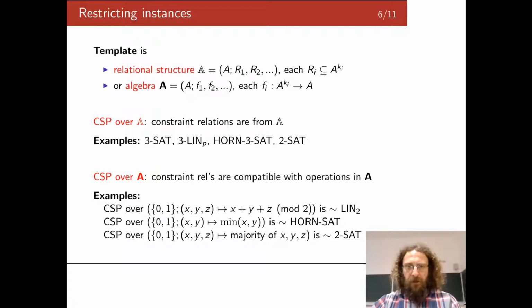By choosing the algebra like this, so the operation is ternary addition modulo 2, we get a problem which is very close to solving systems of linear equations in Z2. By choosing the minimum operation on the set {0, 1}, we get a problem which is very close to Horn-SAT, and by choosing the ternary majority operation on {0, 1}, we get a problem very close to 2-SAT.